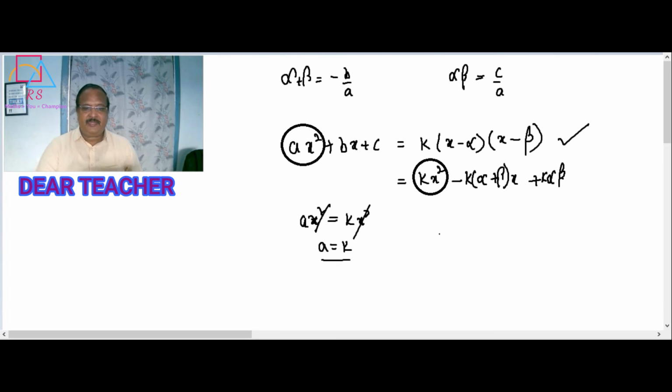If you compare the x terms, bx is equal to minus k into (alpha plus beta) into x, so x cancels, and b is equal to minus k into (alpha plus beta).